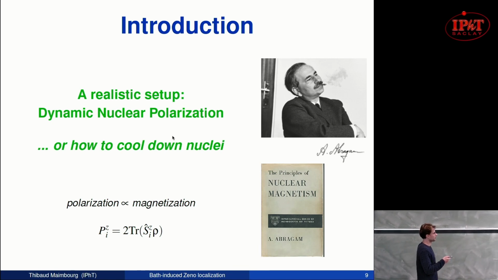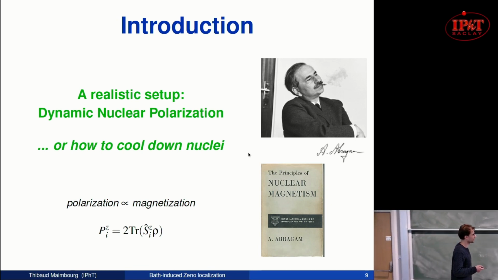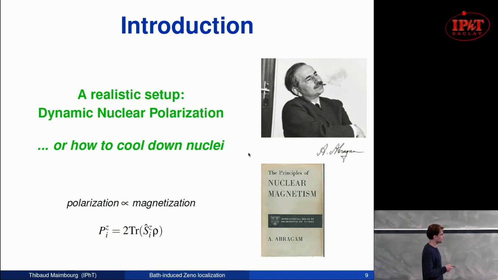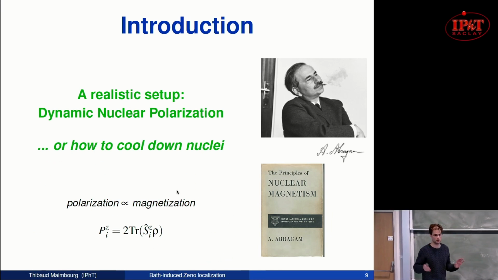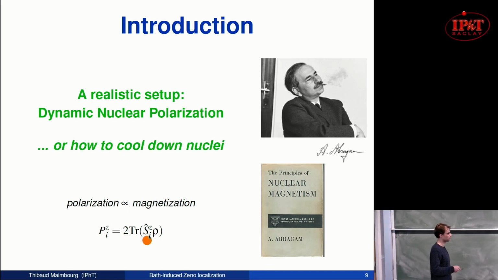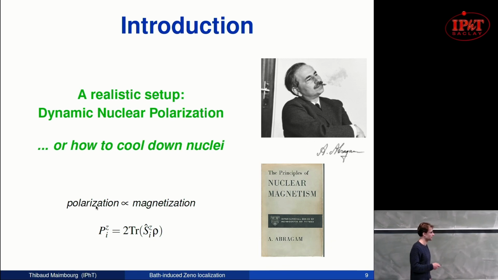It's actually a good coincidence to be here, because it was a field pioneered by Anatole Abragam, and we are in the Abragam building, so it's a good occasion to make a talk about this. Don't be lost if sometimes I use the word polarization, because what I mean is just magnetization, for example magnetization on the z-axis. I use both words interchangeably, so don't be confused.